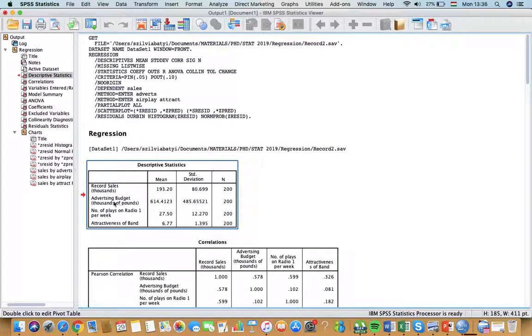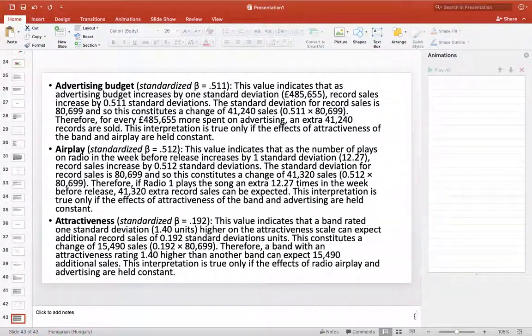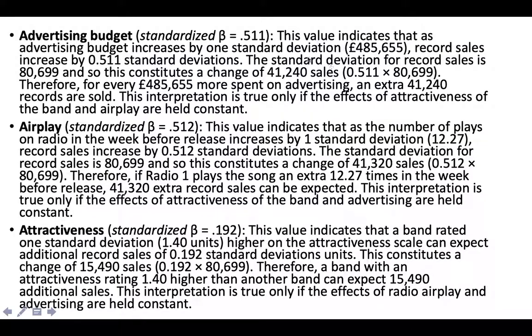So look, the record sales standard deviation is 80.699. The advertising budget standard deviation is 485.65. Number of plays on Radio 1 here. So this is the first table in your output. So going back, it will be easier to interpret.